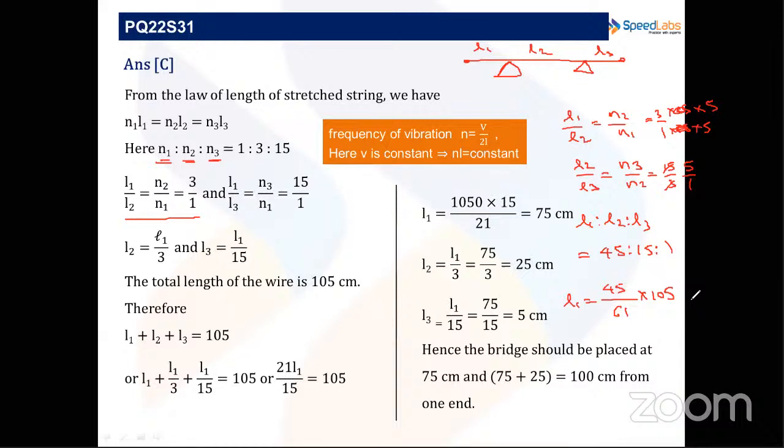So 75, 25, 5. So where the bridges should be placed: the first one at 75 and the second from the start at 100. So the answer looks like C. C is the correct answer. Is this clear?